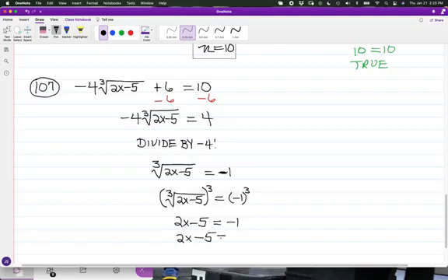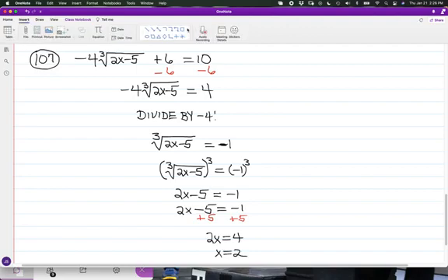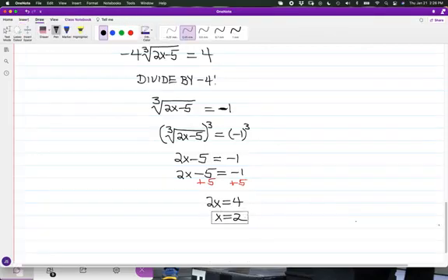So I can isolate 2x upon adding 5 to both ends. So we're going to have 2x is equal to 4. And with division by 2, we have our solution at x is equal to 2. So again, we had an odd root radical to deal with. Now if I had an even root, you'd be looking at checking as a recommendation.